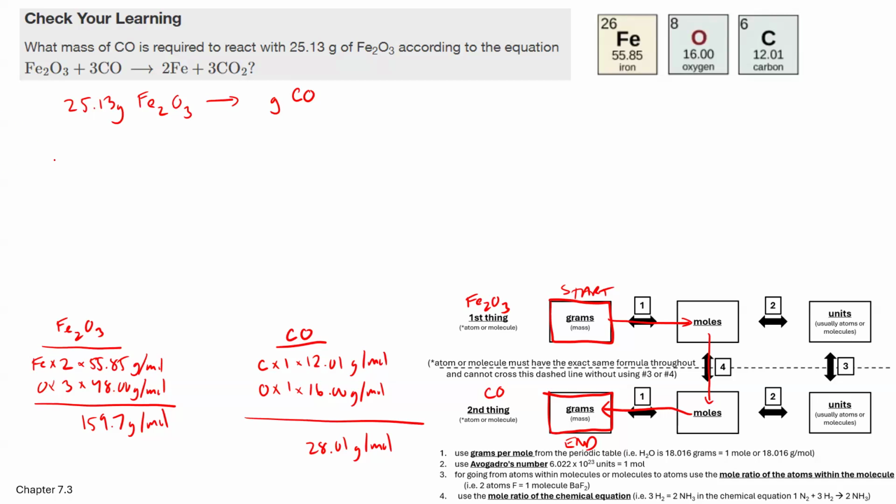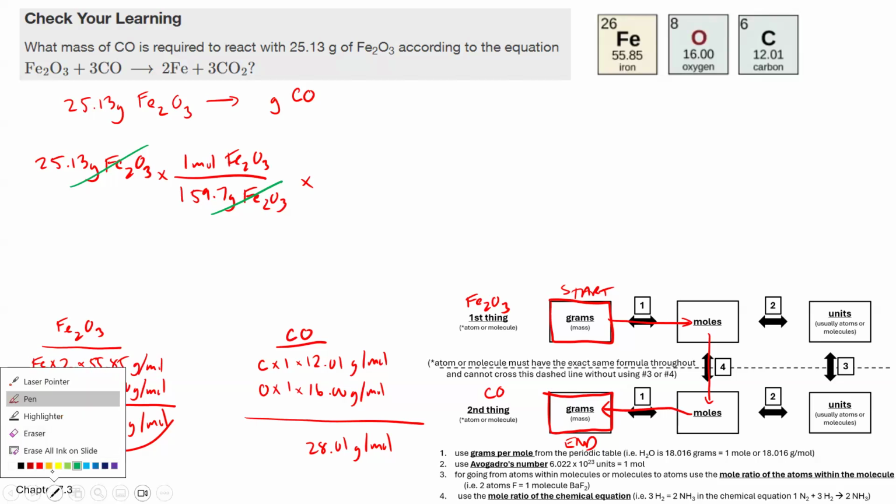All right, let's go for it. 25.13 grams iron 3 oxide. We know we're going to need grams on the bottom, so we have to put the 159.7 grams of iron 3 oxide. Oops, I wrote that backwards. Let me fix that. Fe2O3. And then we have 1 mole of Fe2O3. Well, these cancel out. So we're left with moles of Fe2O3 up top.